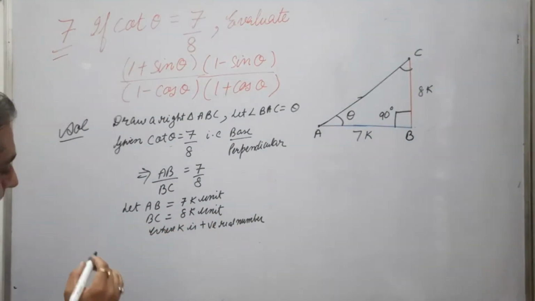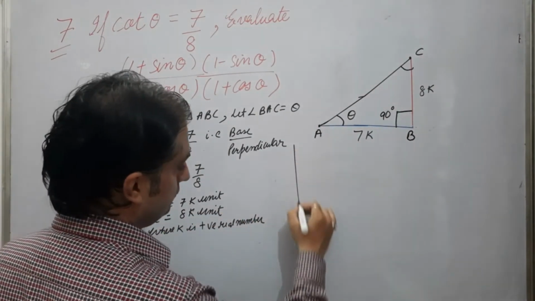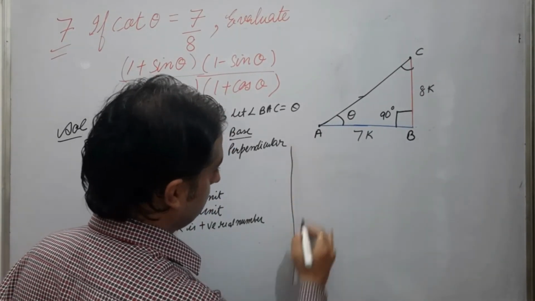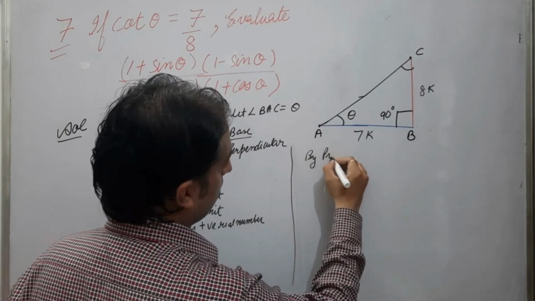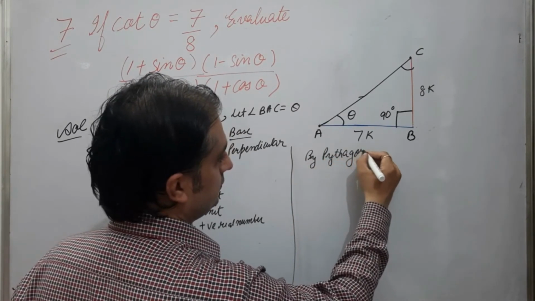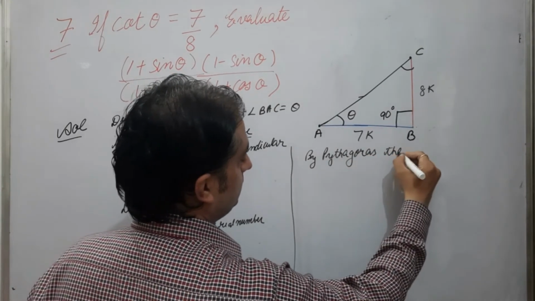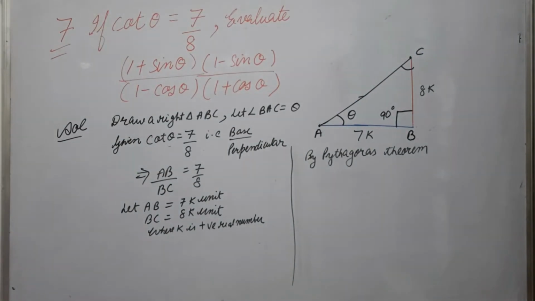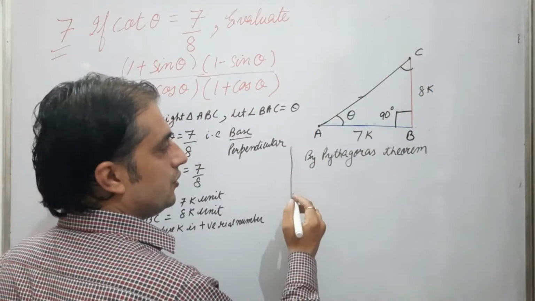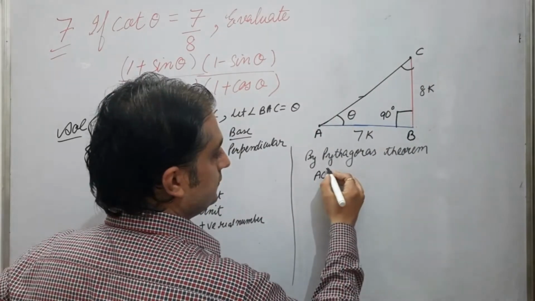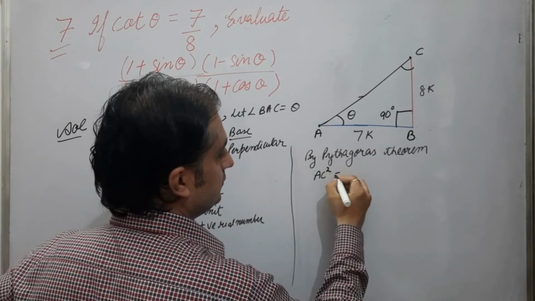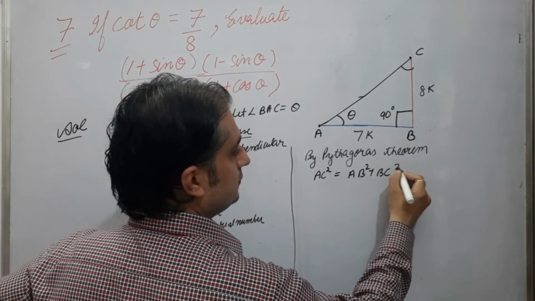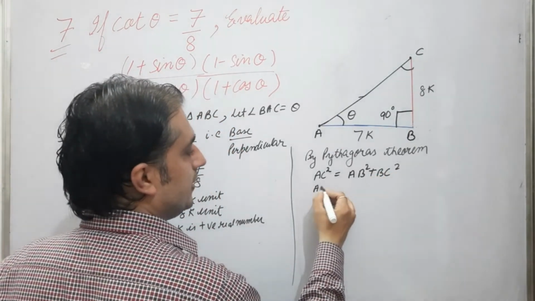By Pythagoras theorem, right? Square of the longest side, that is AC square, equals the remaining sides AB and BC squared.